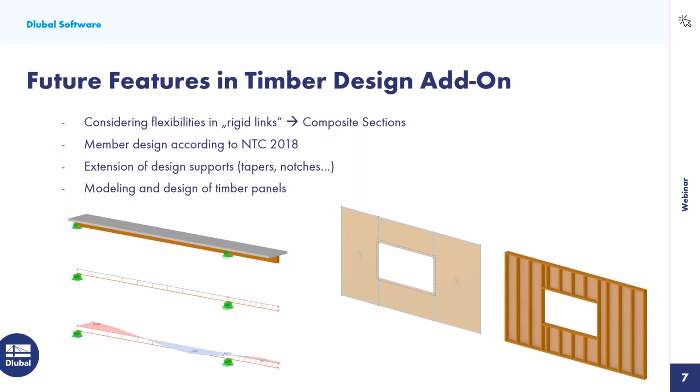And the next big step is we plan to release a new surface type to model timber frame walls. You can see it here on the bottom right side. We will release it step by step. In the beginning, you can only consider it for the stiffness, so there is no design done, and only for simple surface shapes.